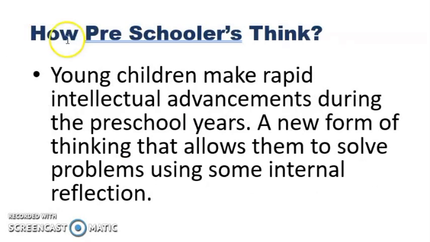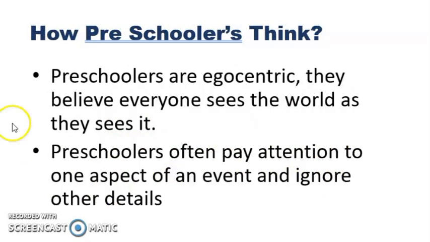I have here a question. How preschoolers think, because we cover between 2 to 6 years of age. So young children make rapid intellectual advancements during the preschool years. A new form of thinking that allows them to solve problems using some internal reflection.